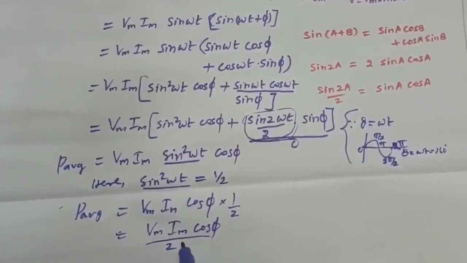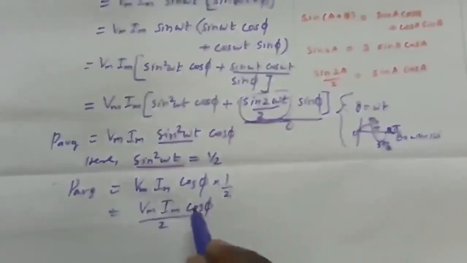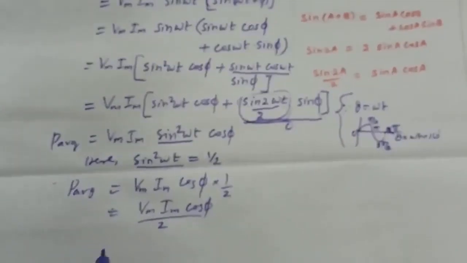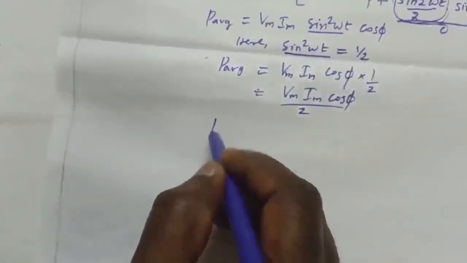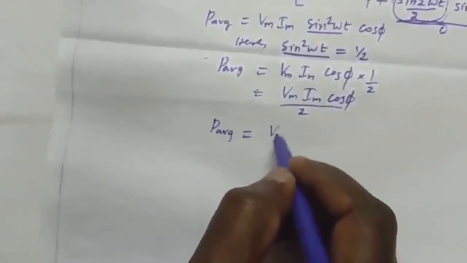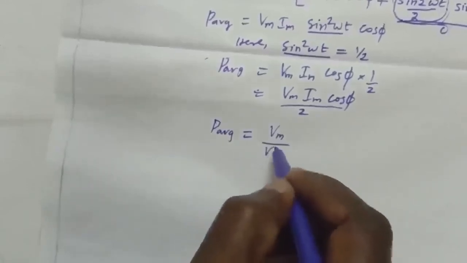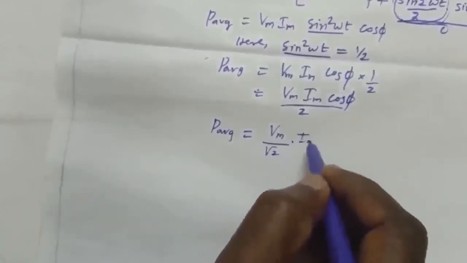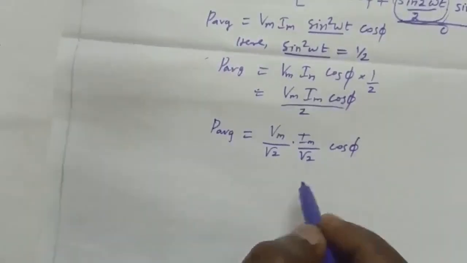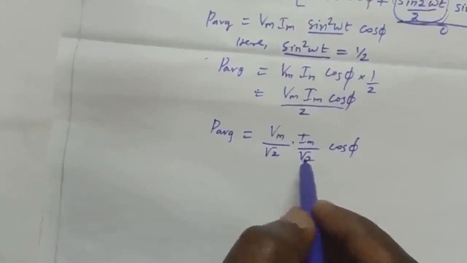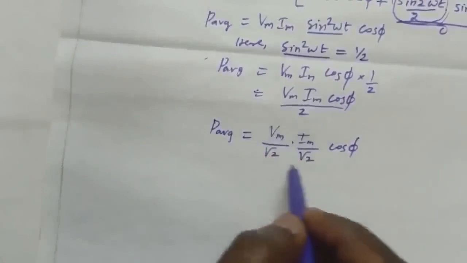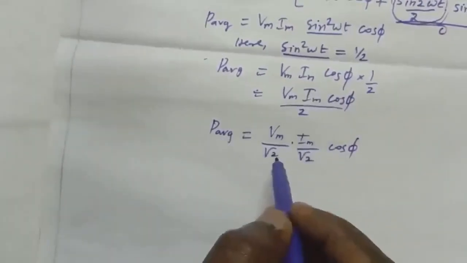Similarly, the power average is equal to Vm by root 2 into Im by root 2 into cos phi. Root 2 into root 2 is 2, so we can write it this way. This is the power average.